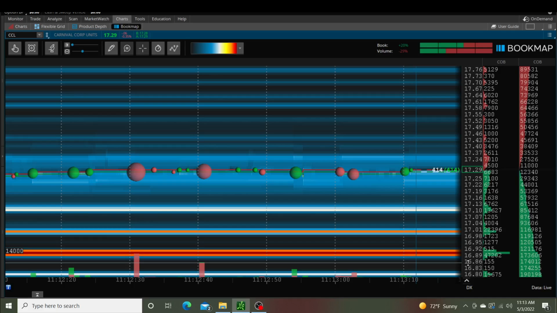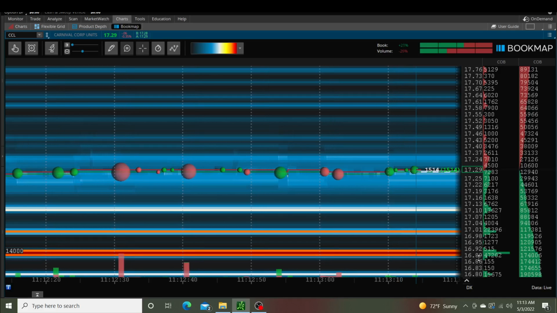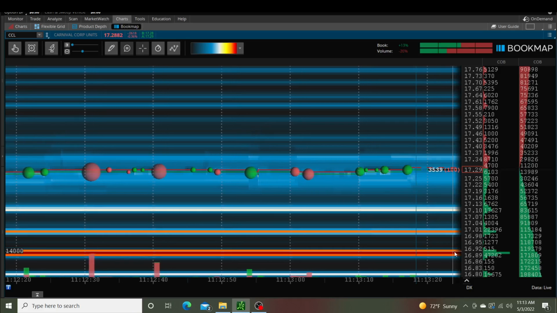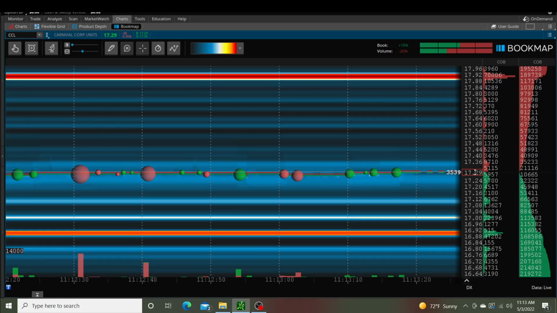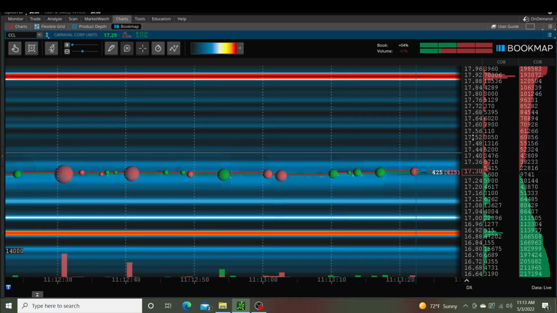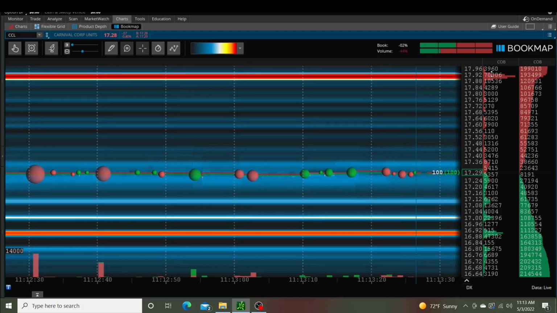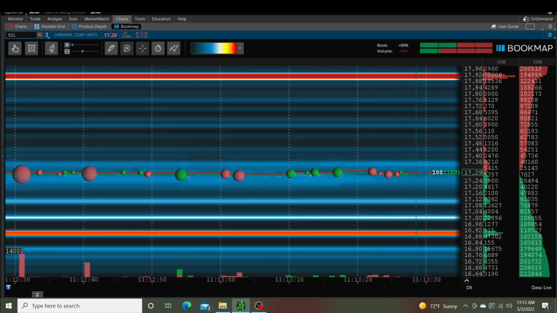At 16.89, there's 47,000 shares being traded here or out on limit order. At 17.92, there's 70,000 shares being traded here.